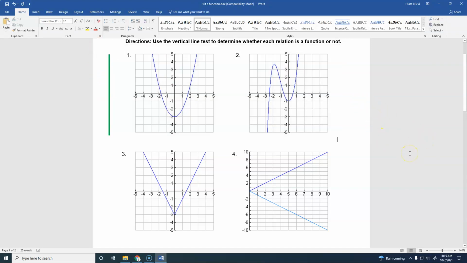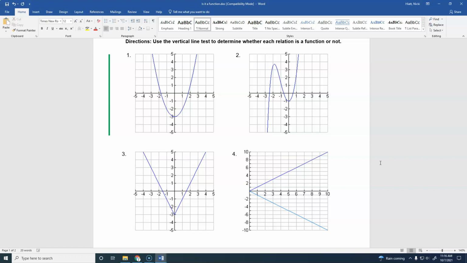Okay, everybody's decided on 1 through 4? You have yes or no written down? Let me see yes or no written down for 1 through 4. Yes, it is a function, or no, it is not a function. You get different answers for all 4.